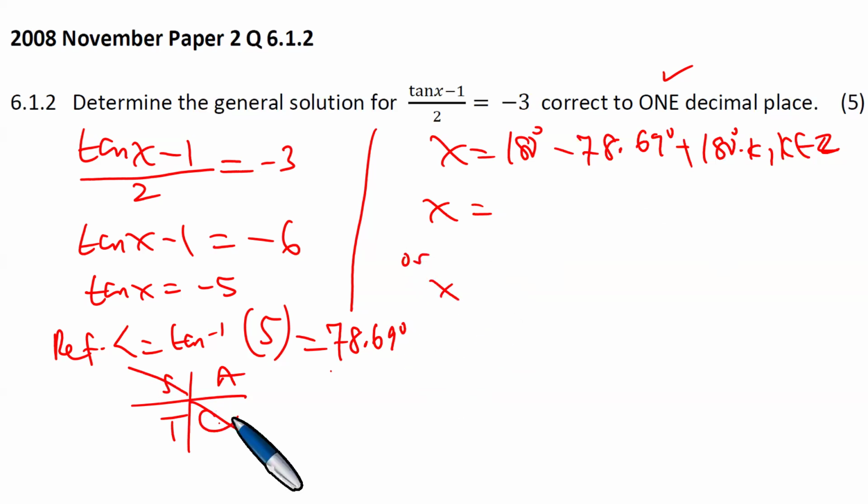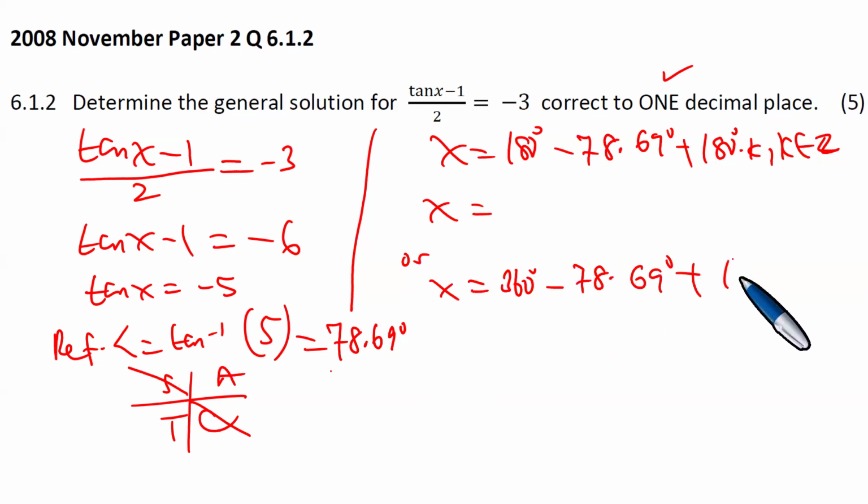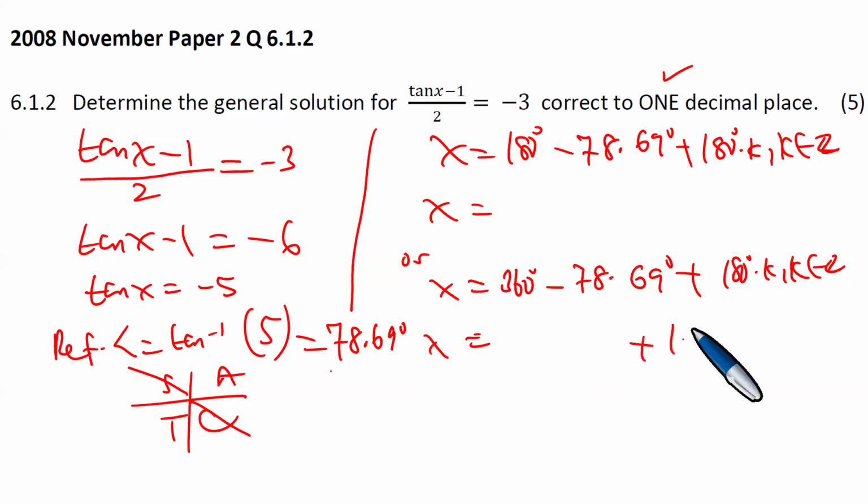But also in the fourth quadrant, it's going to be exactly 360 degrees minus 78.69 degrees plus 180 degrees k, k in Z. We're going to get two answers here. Now you need to check if these are repeated.